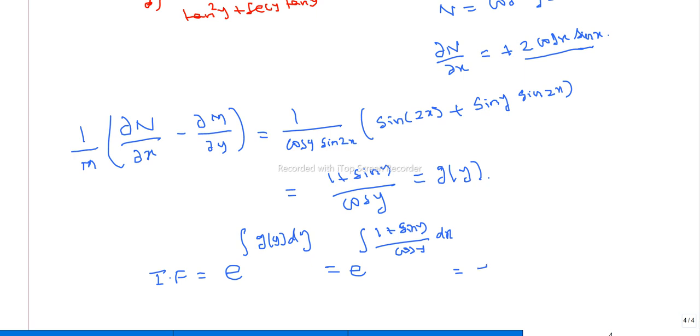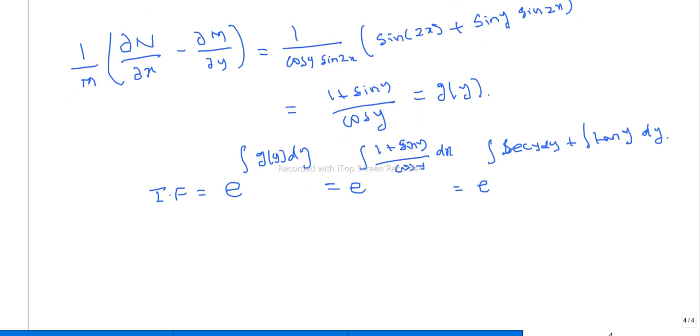We can split into two integrals: integration of 1 by cos y, that is secant y dy, plus sin y by cos y, which is nothing but tan y dy. Now what is the answer? So what is the integration of secant y?